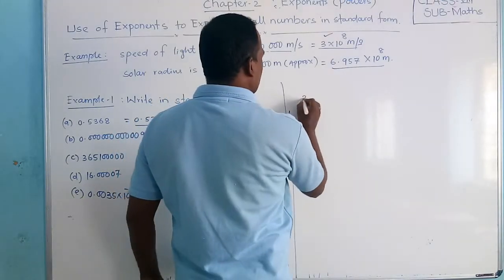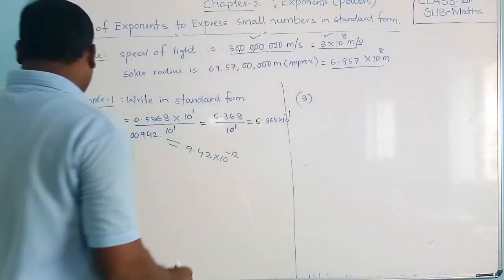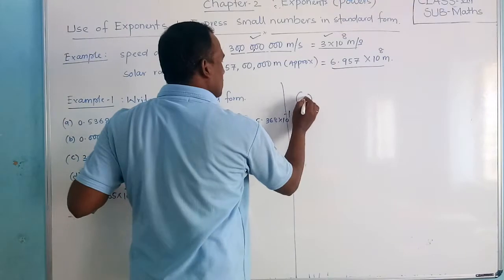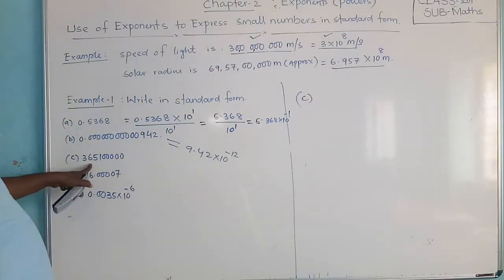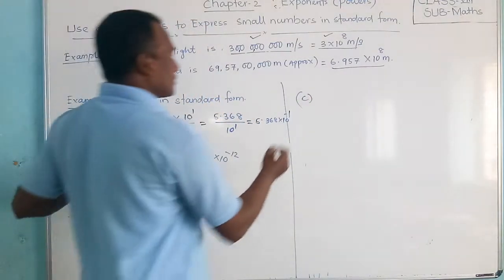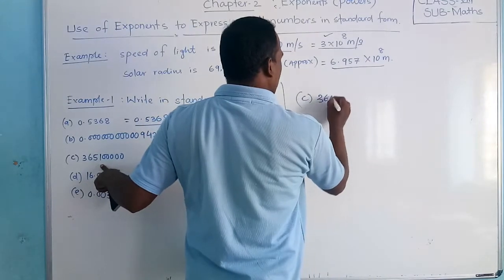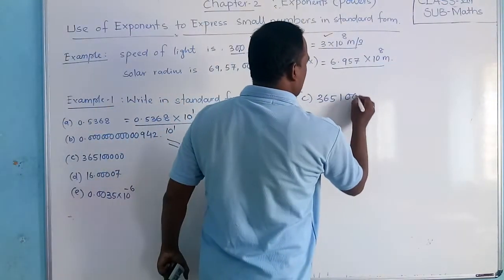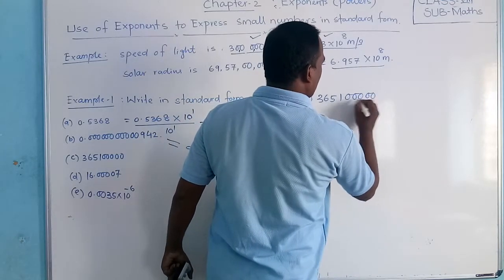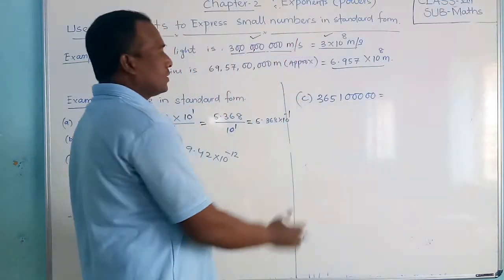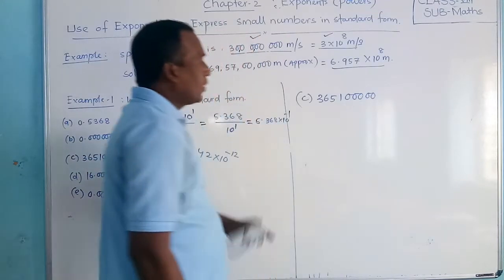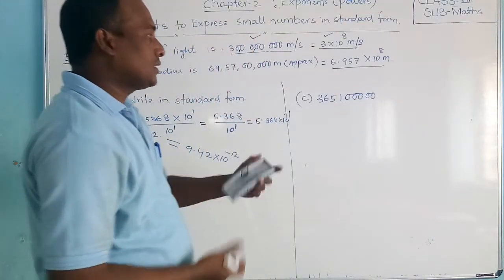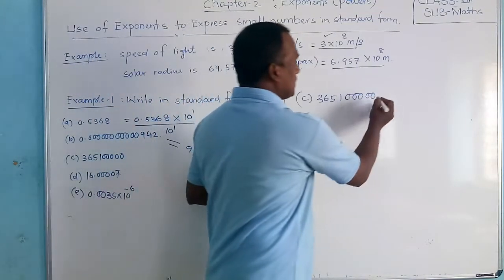Third example, see students very carefully. It has given 3651350, 3, 4, 5. So now observe, students, here. Where is the decimal place? This is the whole number. So the decimal place is here.